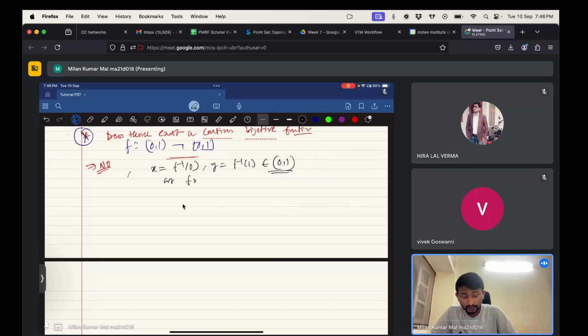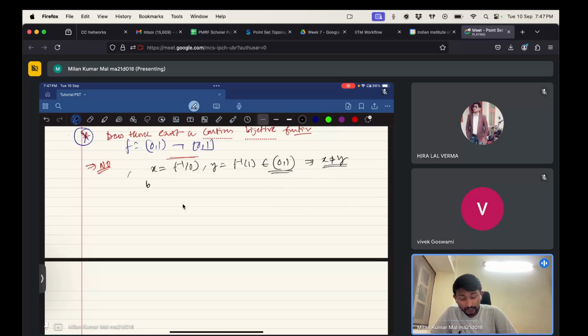As f is injective, or a well-defined map, x is not equal to y. That is for sure, because if x equals y, then f of x would be 0 and f of x would also be 1, which is a contradiction. One point can't go two ways; that is not even a function. So this is clear.